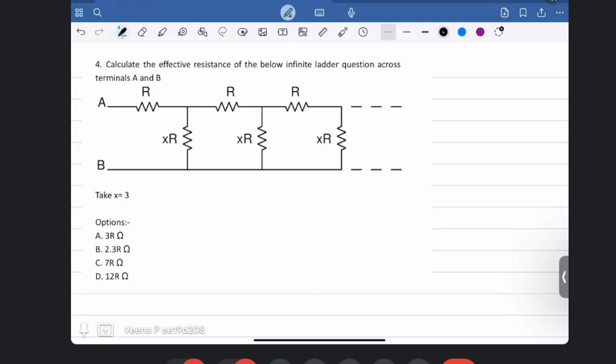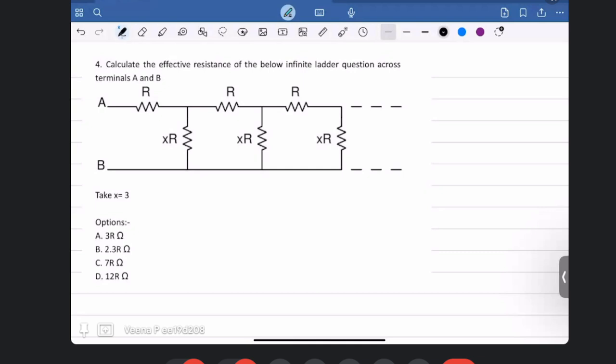So if I redraw this, I have R and then XR. Now, since this keeps on repeating, the equivalent resistance which we want to find is the resistance which you see across AB. Since it is going till infinity, we can assume that that is the same effective resistance which we will see when this branch is not there also.